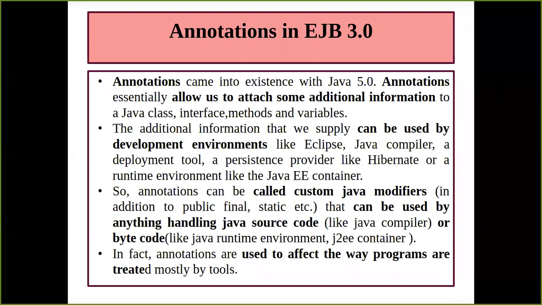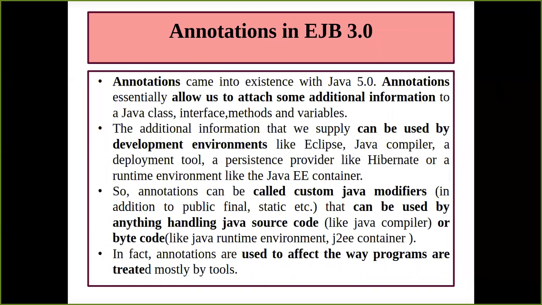EJB itself has a number of its own annotations which can be used in a program whenever we develop an application using Enterprise Java Bean technology. The additional information provided with the help of EJB annotations can be used by development environments like the NetBeans IDE and Eclipse, and by the Java compiler and deployment tools.